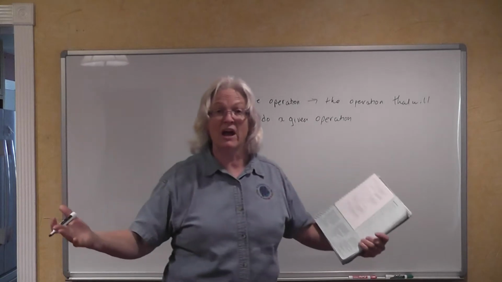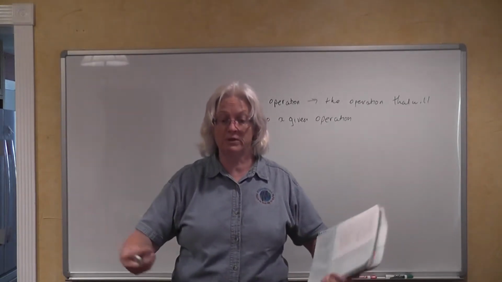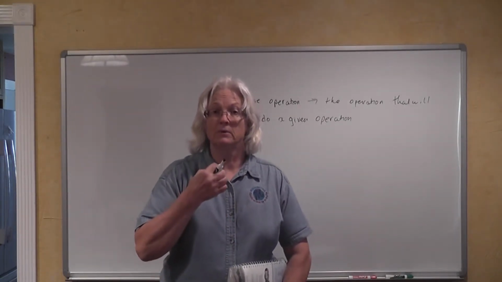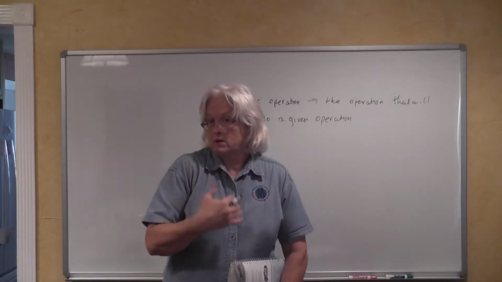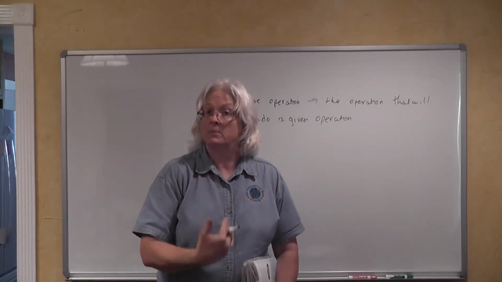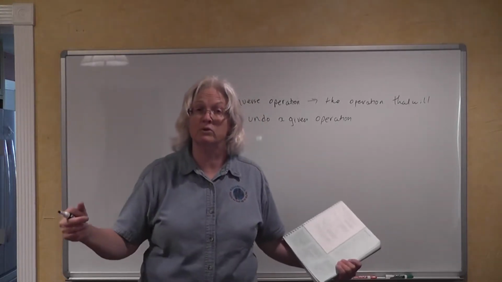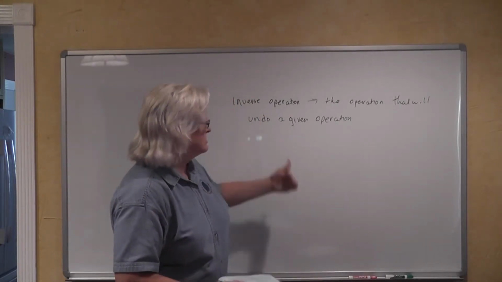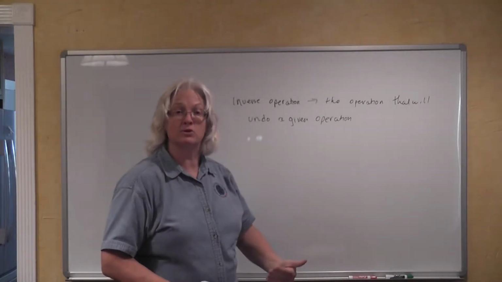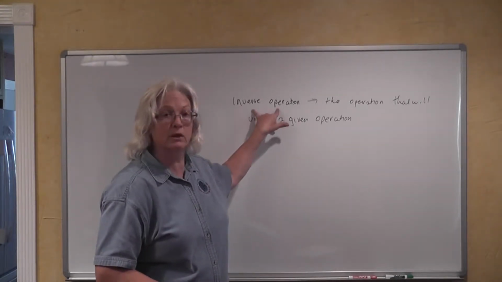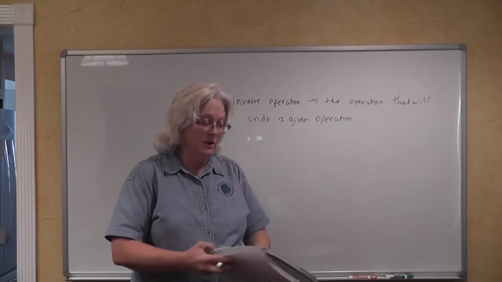Back to my jacket illustration. You put on a jacket with a zipper, you zip it up, that's an operation. You unzip it, that undoes your original operation. You're back to what you started with. So zipping a jacket up and unzipping a jacket could be considered to be inverse operations.